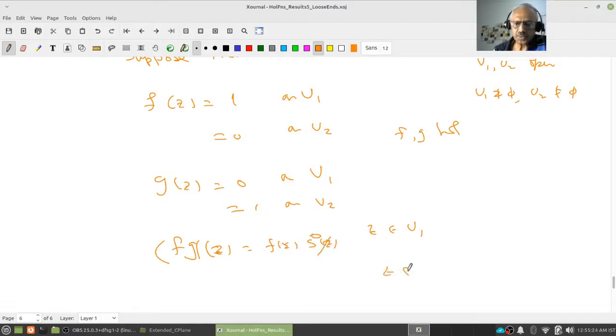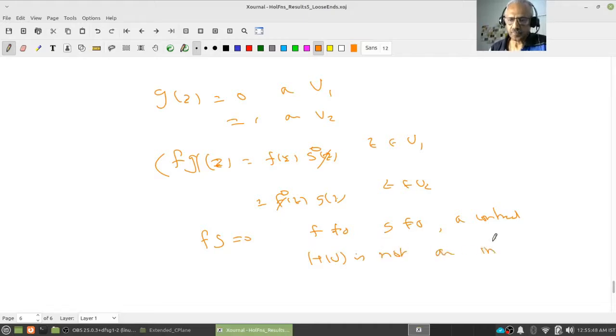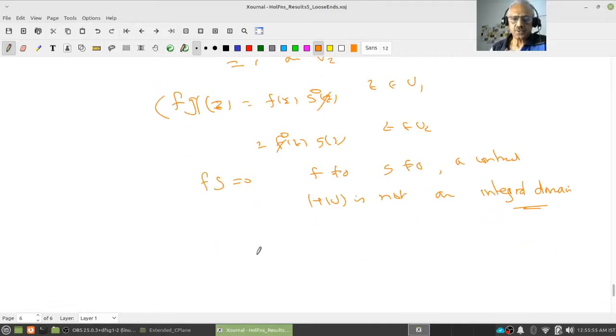And if z is in U2, then f of z is 0, and f of z times g of z is 0. Therefore, what I have shown is that f times g is 0, but f is not 0 and g is not 0, a contradiction. So H of U is not an integral domain. Pause, review, proceed.